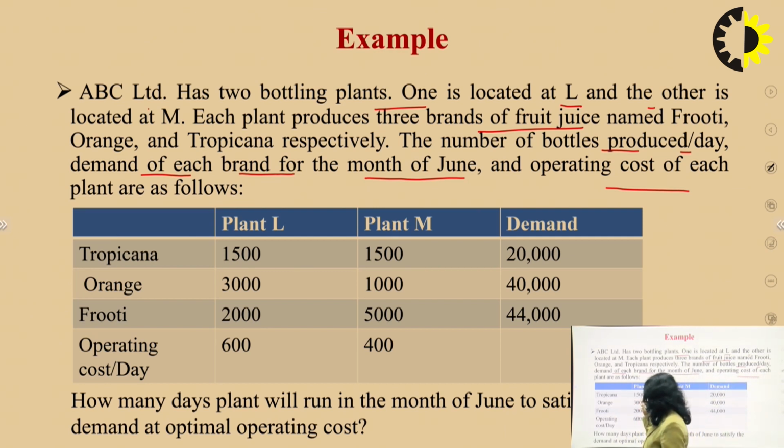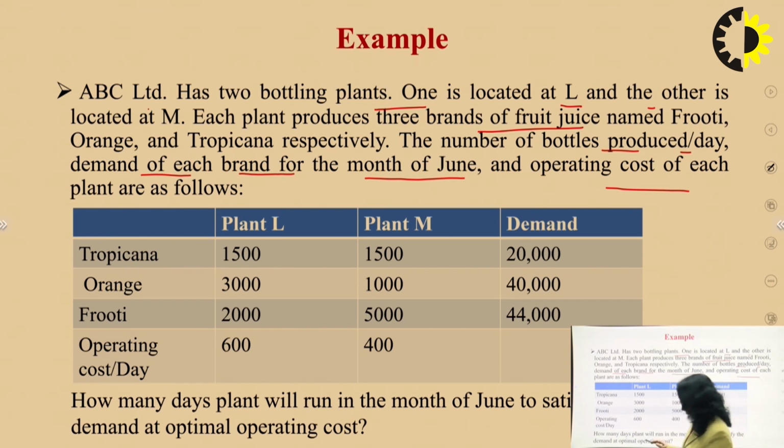For fruity it is 2000 at plant L and 5000 at plant M, and the demand is 44,000. Now the operating cost per day for the plant L is 600 rupees and for plant M it is 400 rupees.